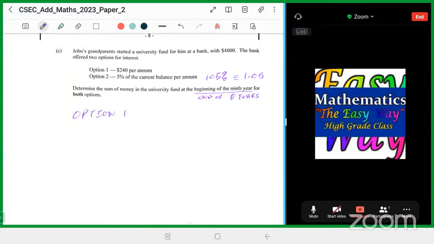In option 1, we are adding $240 every year. Remember, in year 0, at the start, the amount would be $4,000. In year 1, we would add $240 one time: 4,000 plus $240.